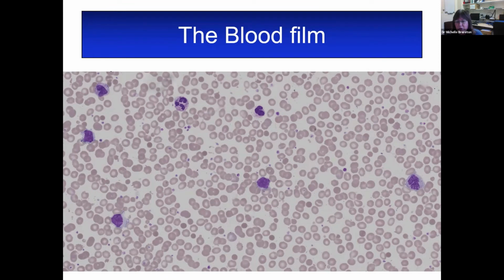But the main focus of the film is going to be the red cells. From the low power image, we get a possible view of dimorphism almost, because there clearly are some normal red cells with the nice central pallor that we'd expect.